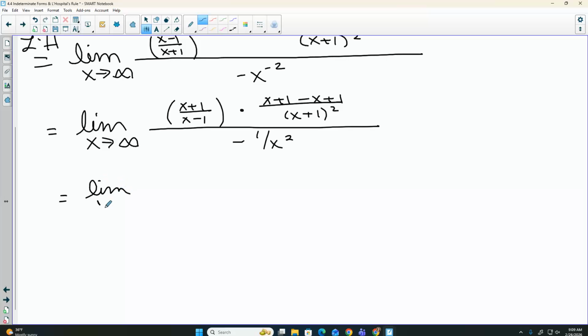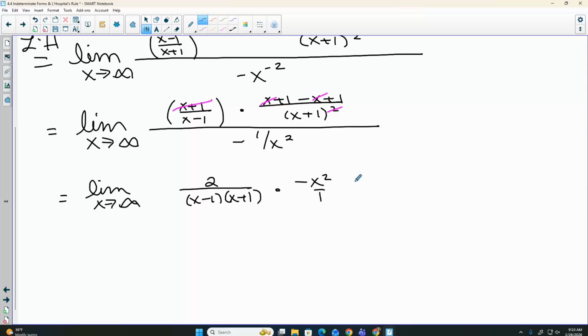So we're still trying to clean up a little bit. And we could cancel out an x plus 1. And then the x's cancel. So I have 2 over x minus 1, x plus 1, times negative x squared over 1.